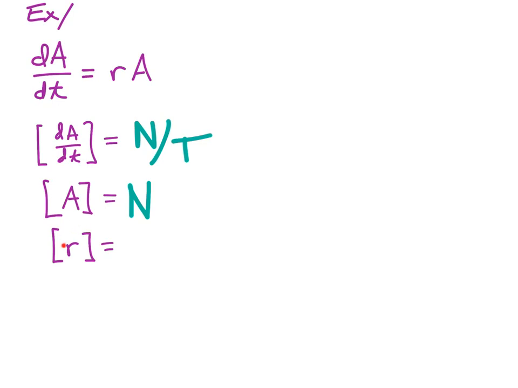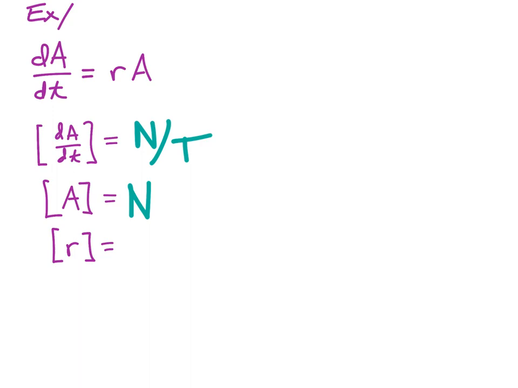How do we figure out the units of r? Well, we use that principle of dimensional homogeneity. I could subtract rA from each side, so dA/dt and rA are 2 terms that could be added or subtracted. They need to have the same dimensions, and that means that the term rA has the same dimensions as the term dA/dt.